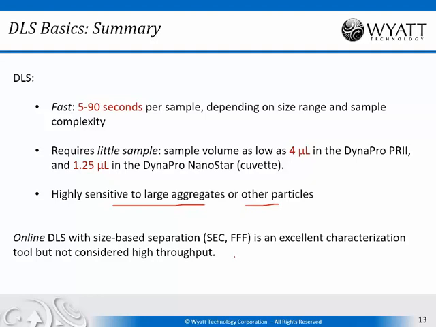Now, if you're looking for higher resolution, you do want to distinguish monomer, dimer, trimer, and maybe some other species which are not a factor of 3 to 5 in radius between them. You can use a size-based separation technique such as size exclusion chromatography or field flow fractionation upstream of the dynamic light scattering detector, and using a detector with a flow cell, run the separated sample so that each species is in this flow cell at a particular time.